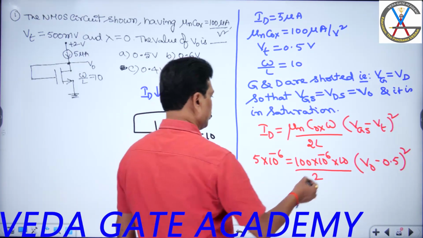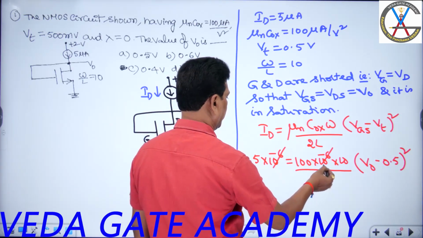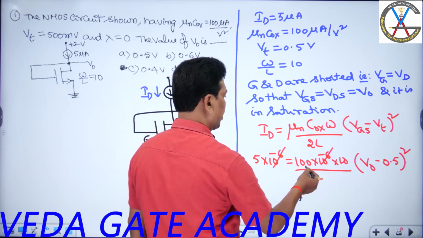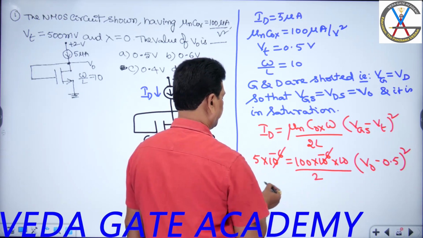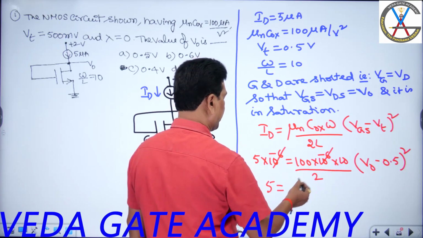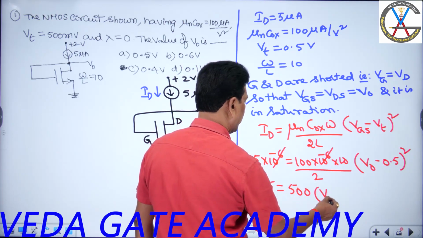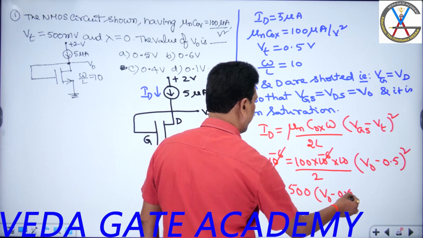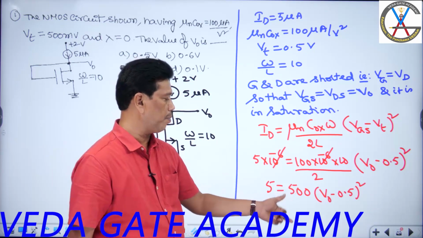Check now. 10 power minus 6 cancels out. 100 by 2 times 10 gives 500. So 5 equals 500 into (V0 minus 0.5) whole square. Take this to the other side: 5 by 500 becomes 1 by 100.